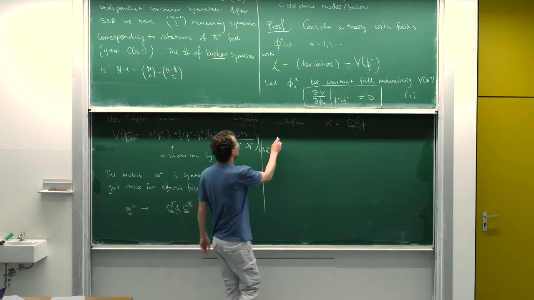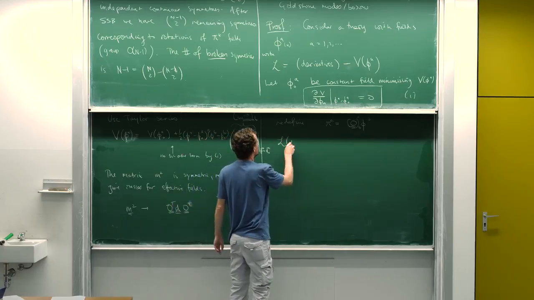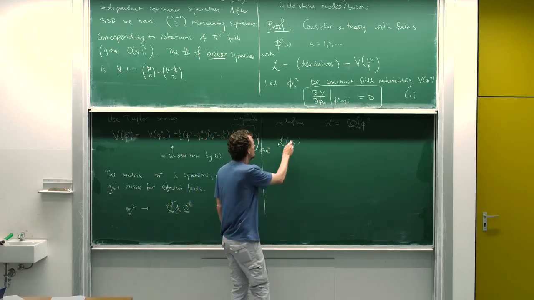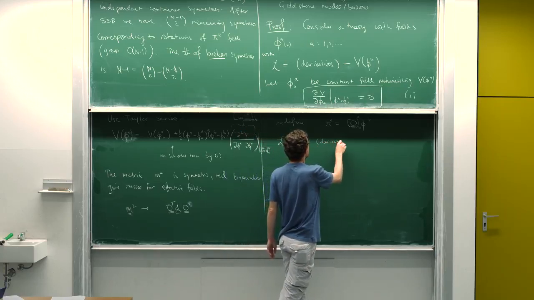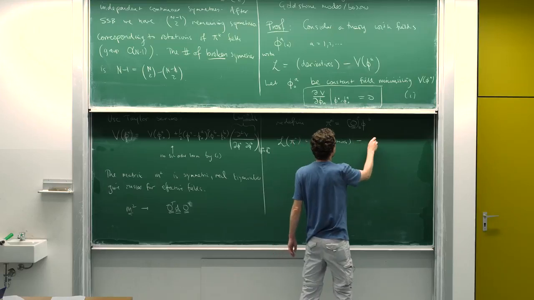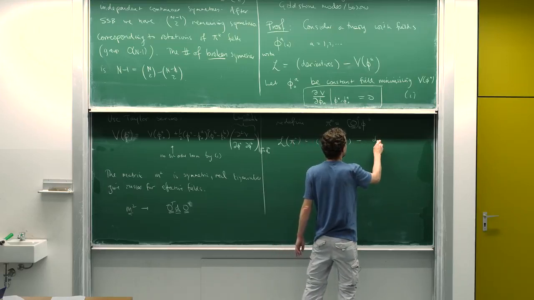So when you rewrite L in terms of these pi's now, you get derivatives minus these diagonal entries here.